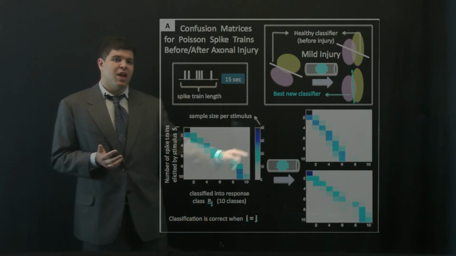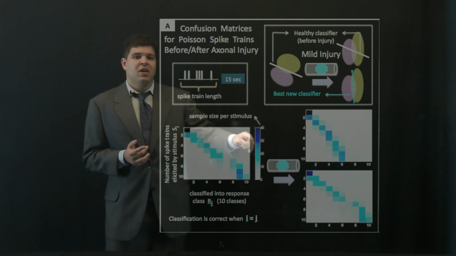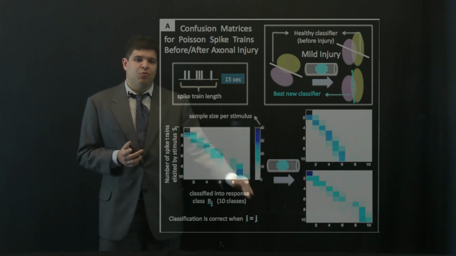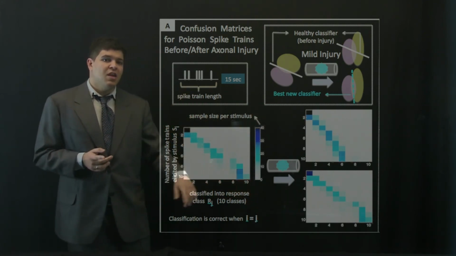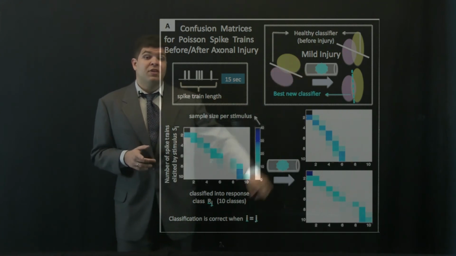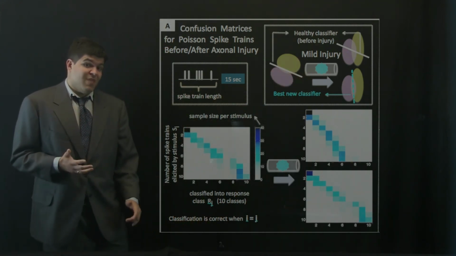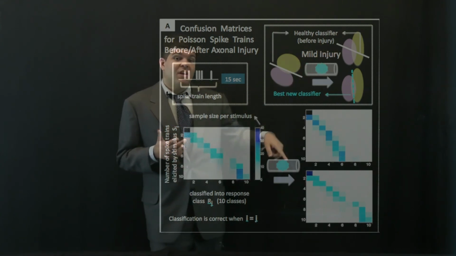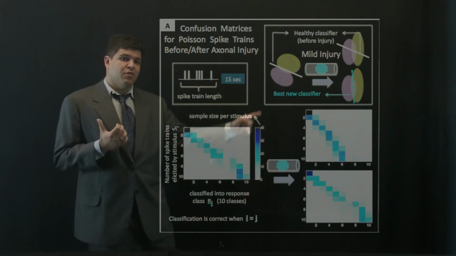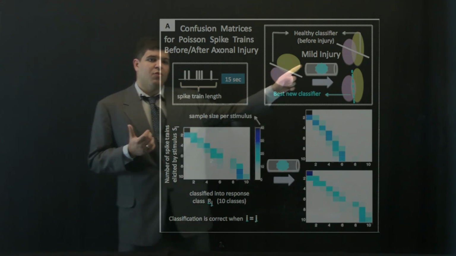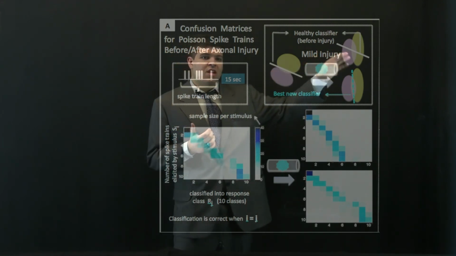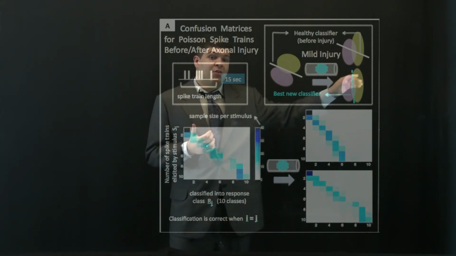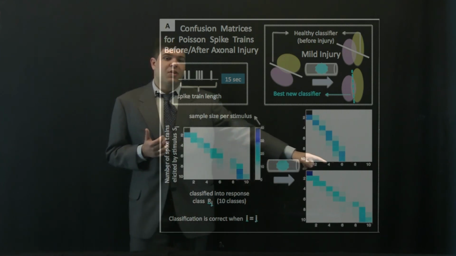Okay, so if it's healthy, all the classes would be sufficiently separated. If you put it under mild injury, that is injury that still allows for transmission, boom, if you use the same classifier as before, the same criteria as before, then this is a bad criteria, and you get a lot of confusion.